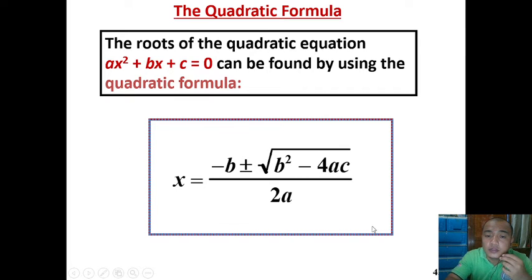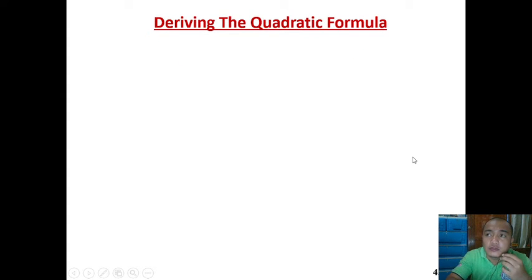All we have to do is memorize this formula to solve quadratic equations that cannot be solved by factoring or the square root method. It can be solved by completing the square, but if you don't want to use completing the square, then I think this is easier to use.